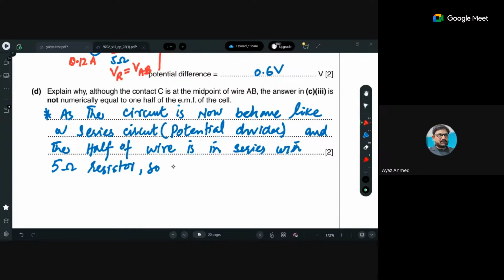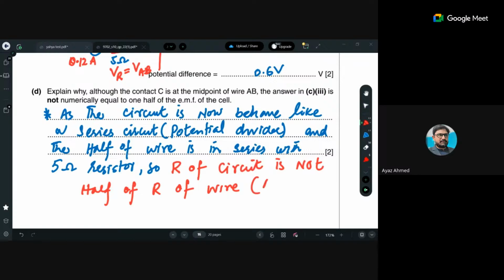So the resistance of the circuit at this time is not half of the resistance of the wire, that is, the resistance between A and C. Is this clear to you?